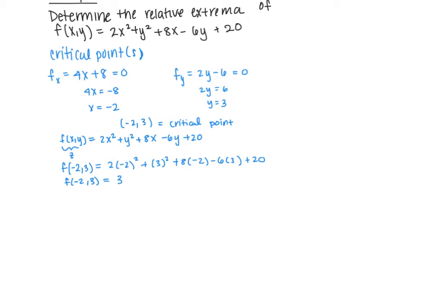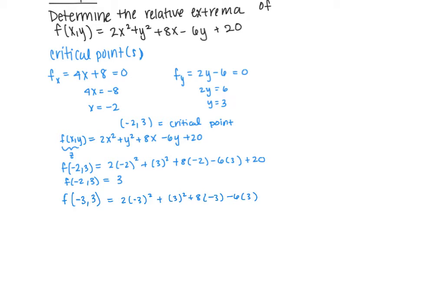And so we need to see how other values of x and y compare to this z value. So I can pick any other points. Maybe pick something kind of close, maybe f of negative 3, 3 even. So this is going to be 2 times negative 3 squared plus 3 squared plus 8 times negative 3 minus 6 times 3.